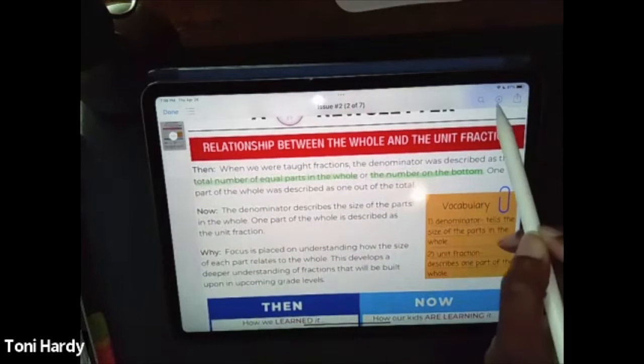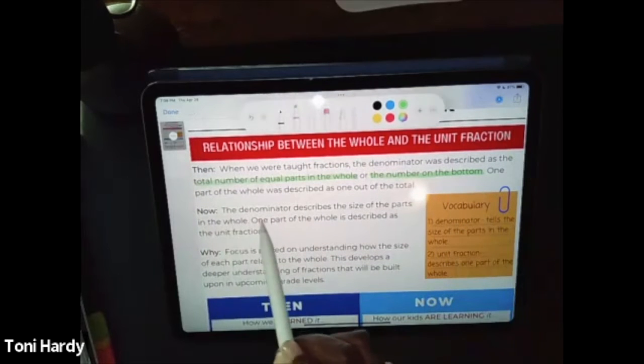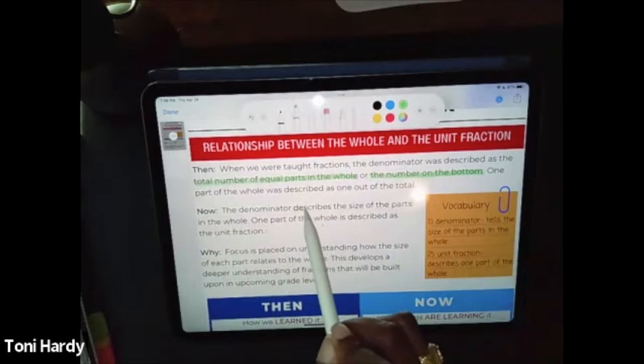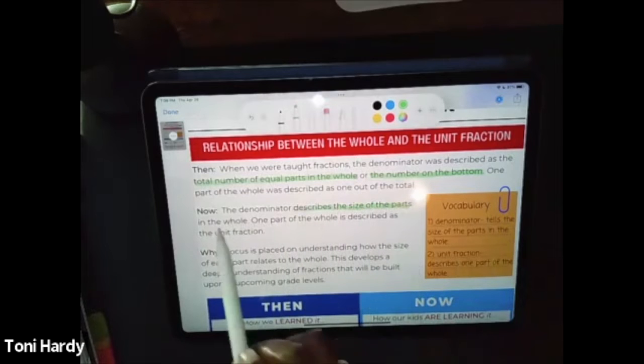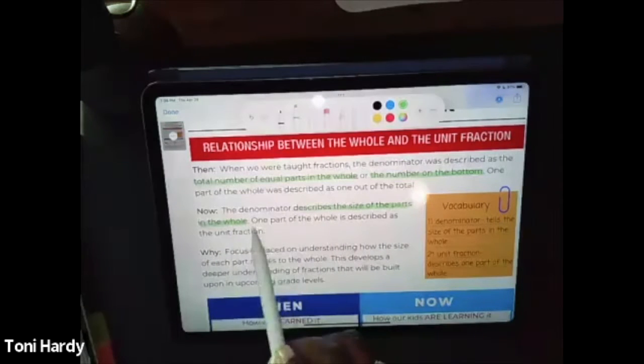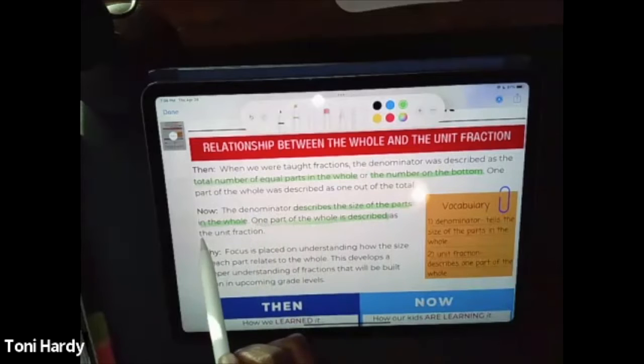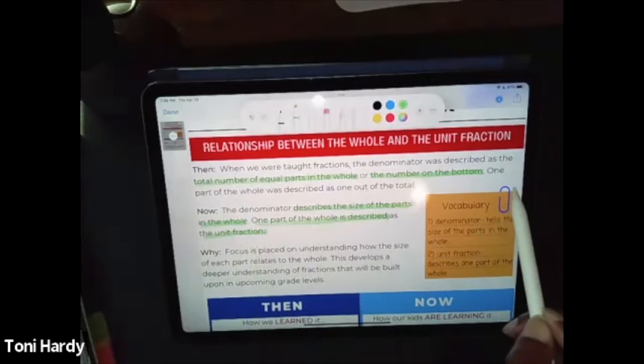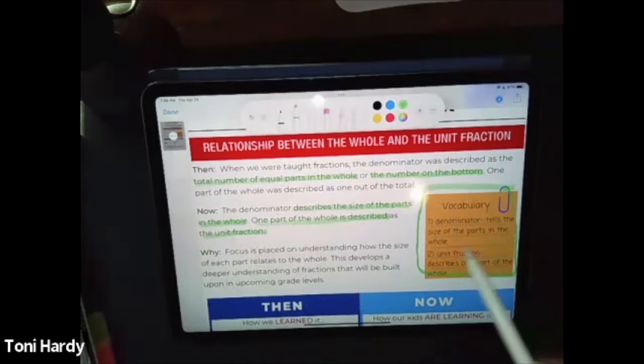So now we're expected to know that the denominator describes the size of the parts in the whole, and one part of the whole is described as a unit fraction. Okay, so that's that unit fraction piece again. It's described as one part in the whole. And on this side over here, we also have some vocabulary where we can refer back to it, if you just need a little bit of a refresher.